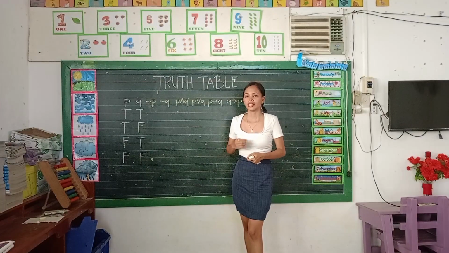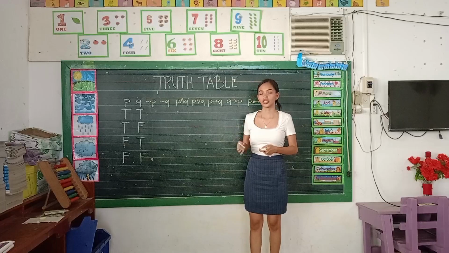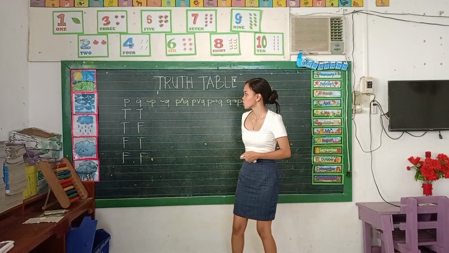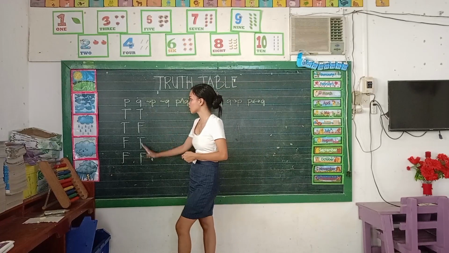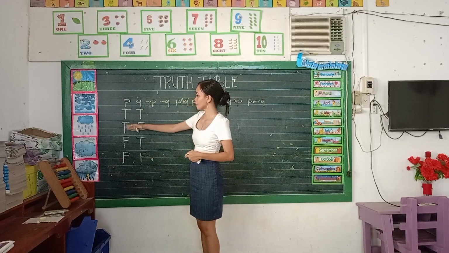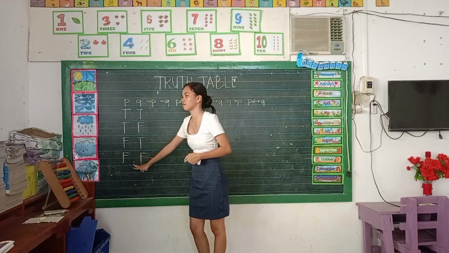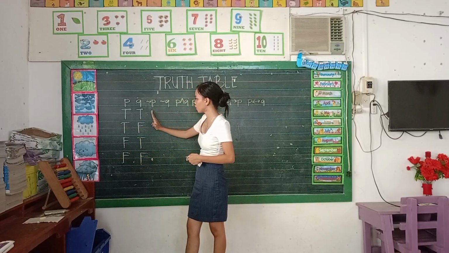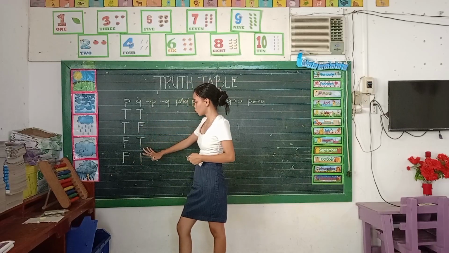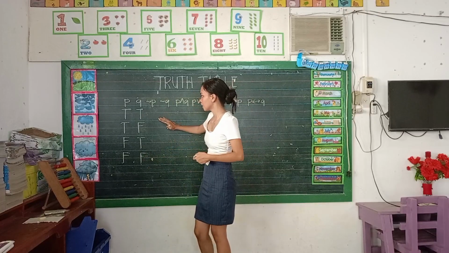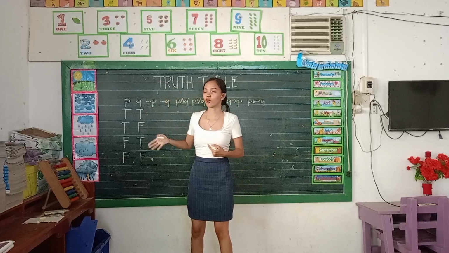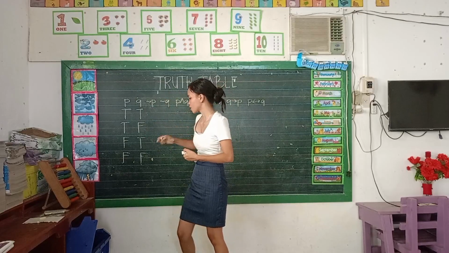So now, let us try to apply those logical connectives in the truth table. So here we have the truth values of the propositions P and Q. Under P we have true, true, false, and false. And for proposition Q we have true, false, true, and false. So for negation, if we negate it, we just transform it into its opposite value.